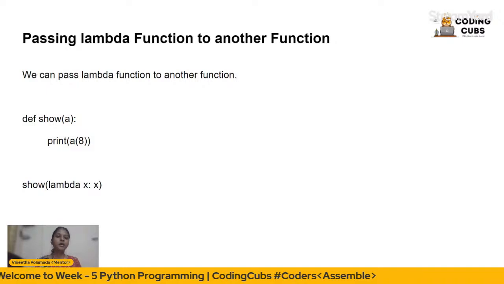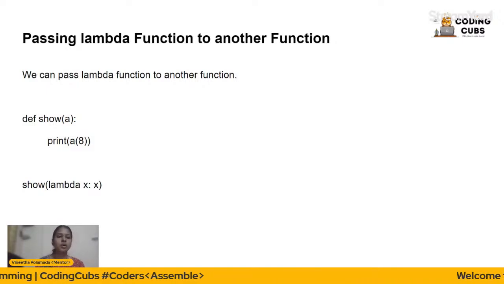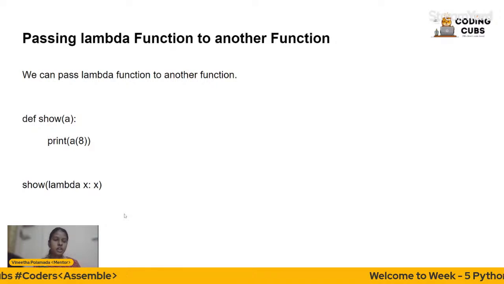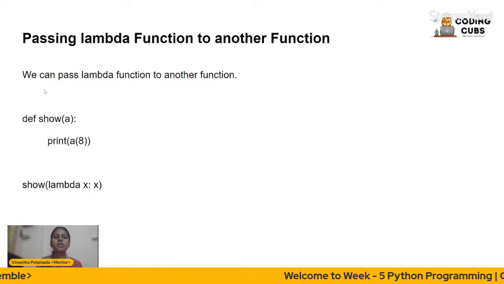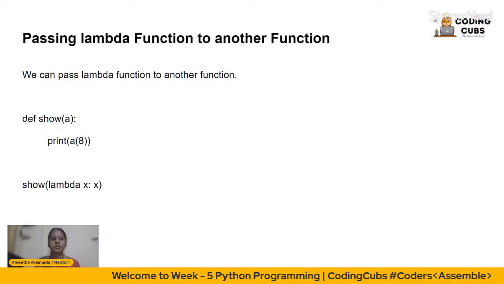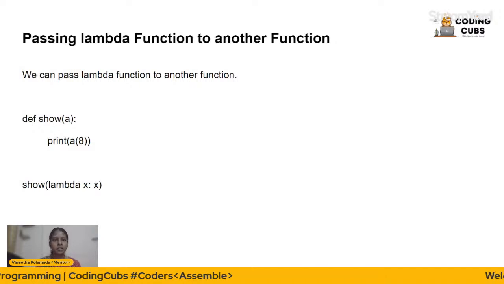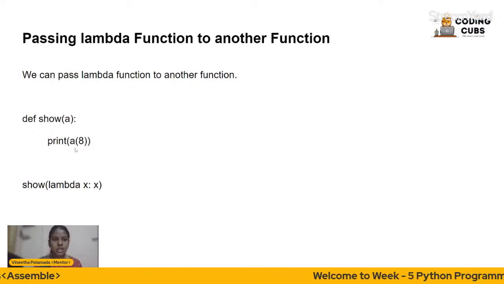Okay. Going to the next one, passing a lambda function to another function. We can pass a lambda function to another function. How can we do that? Just see. This is a normal function, def show of a. A regular function, how would you do it? You're using the def keyword and a colon, not a semicolon. And in the next line, you're writing your logic or whatever statement. So you're writing a print statement here, saying a of 8.